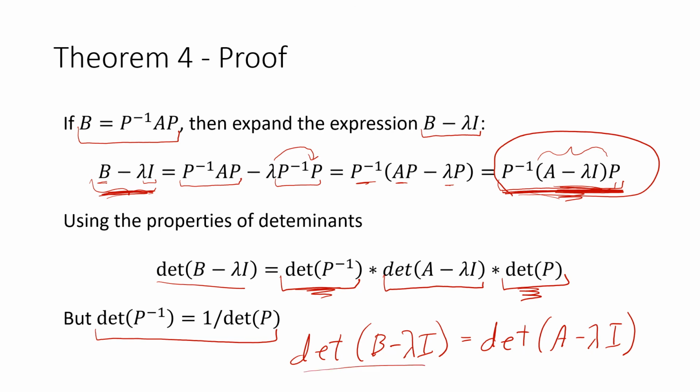So the characteristic polynomial of B is the exact same as the characteristic polynomial of A. So when you have similar matrices, remember I said that similar matrices means that they have a lot of properties in common. One of the more important properties they have in common is the characteristic equation, which means their eigenvalues are the same.